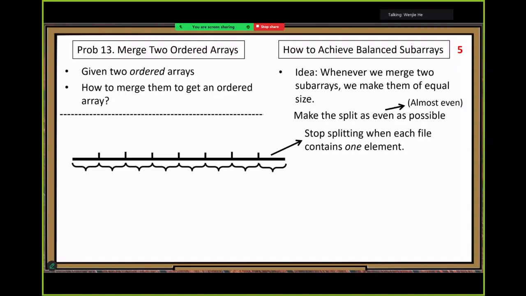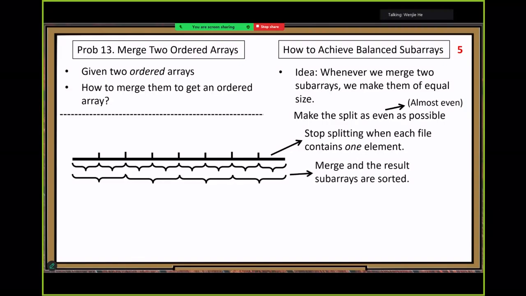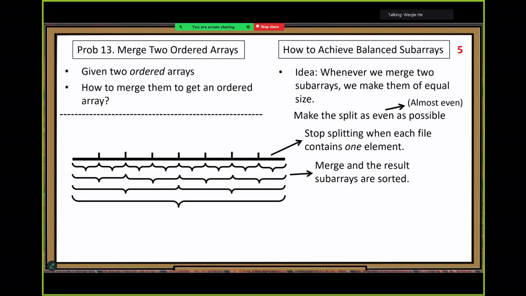It's a bottom up approach. Next round, we merge two adjacent ordered subarrays, then keep moving up. At the end, the last one, we only need to merge two ordered subarrays to get the whole array ordered.